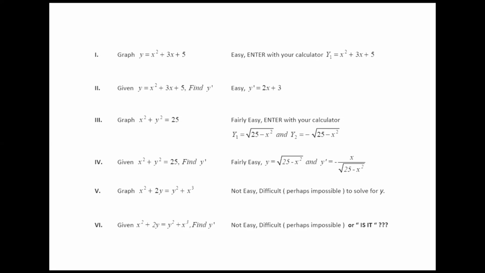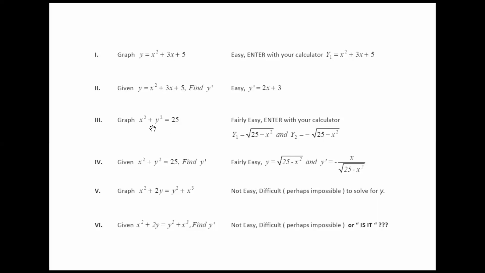We solve for y. y squared is 25 minus x squared, so y is the square root of 25 minus x squared. However, when we graph this, we're only going to get a semicircle, the top part of the graph. But remember, when you take the square root, it's plus or minus. So we take the negative of this quantity, graph that, and we get the entire circle.